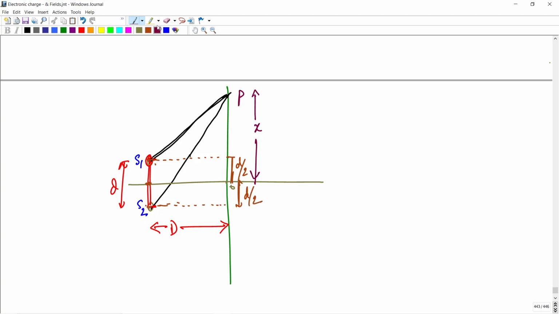So here is the diagram from Young's experiment.